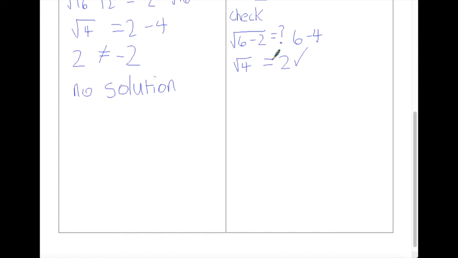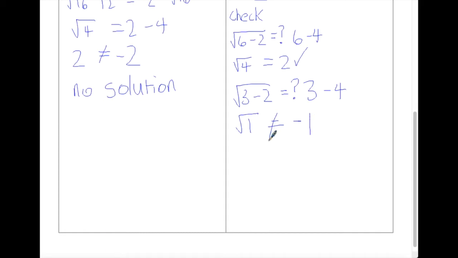Now if we check x equals 3, so the square root of 3 minus 2, does that equal 3 minus 4? And here we get the square root of 1, which is 1, but on the right side we get negative 1.